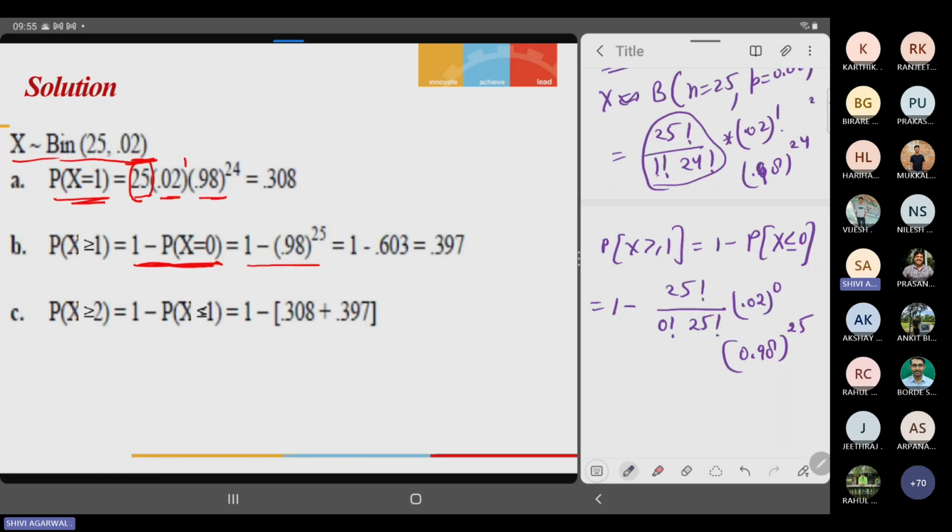The factorial terms become 1, so it is 1 minus 0.98 to the power 25, and the answer is 0.397 here. 0 factorial we take as 1.